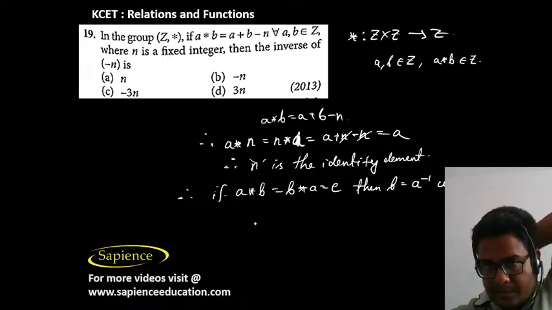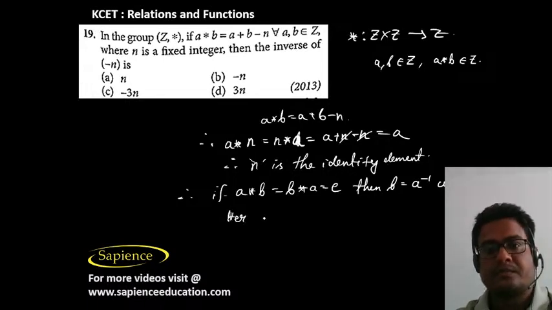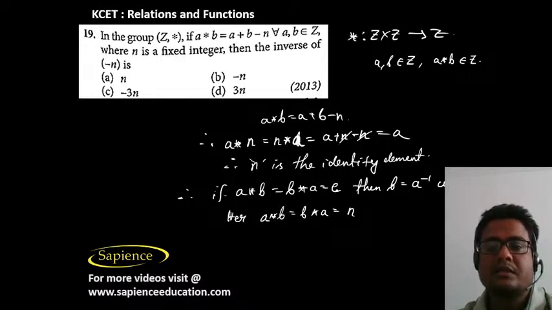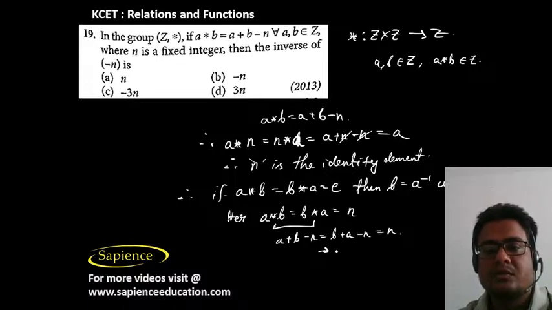So A star B should be equal to B star A, equal to n, since the identity element e is n. A star B, that is A plus B minus n, is equal to B plus A minus n, since they are commutative, that is equal to n. Therefore I can say that B will be equal to 2n minus A. 2n minus A is the inverse of the element A.